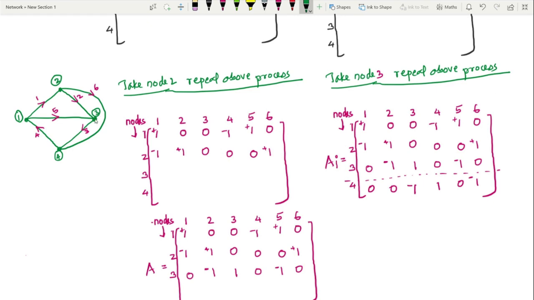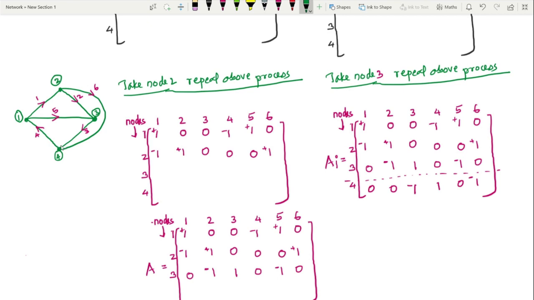Then corresponding to node 3, incident branches are 2, 5 and 3. Here the branch 2 and 5 currents are incoming. So corresponding to 2 and 5, the entries are minus 1. And the third branch current is going away, so corresponding to the third branch, it is taken as plus 1.